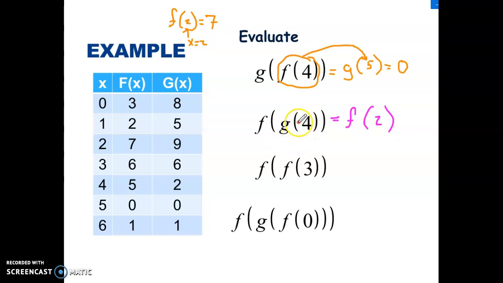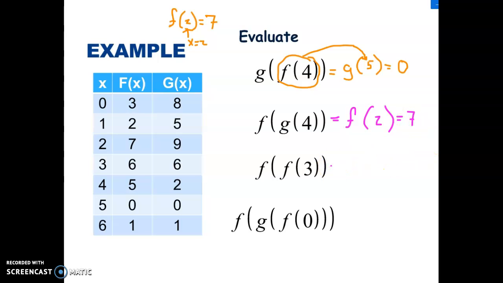Our last step is asking what's the output when x is 2 on the f function? I go to x is 2, find my f column, and my output is 7. So there's my result, 7. That's what we got going there.